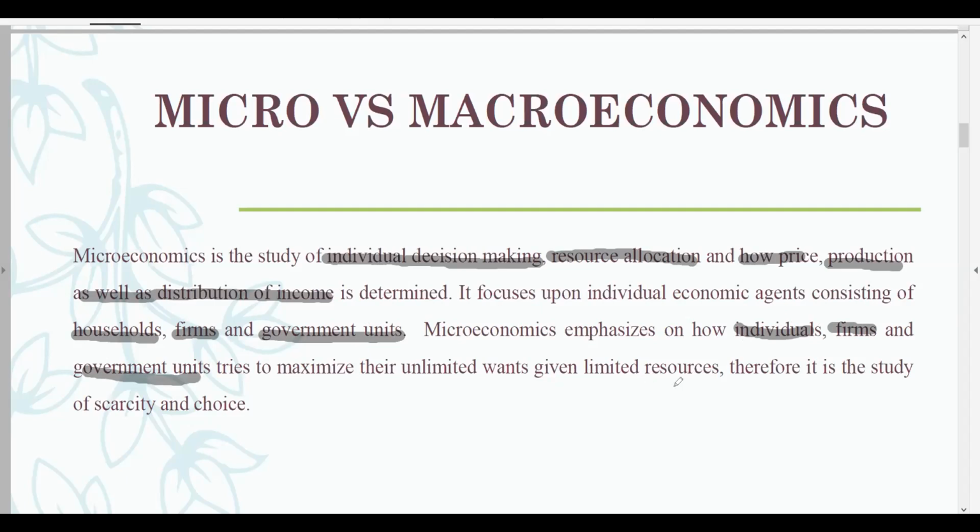That is what we are looking at: how individuals would maximize their unlimited wants given limited resources. And hence, it is the study of scarcity and choice. That is what microeconomics is about. We are studying scarcity and choice.